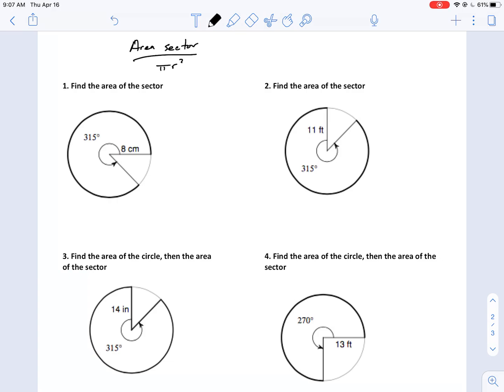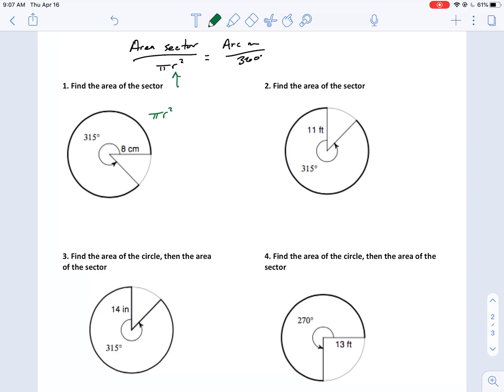Okay, now let's look at, we've got 4 area problems down here, and this will be the last thing that we do today. So the same type of problem, same setup, it's area of sector over pi r squared, that's the whole area of the circle, equals arc measure in degrees over 360.